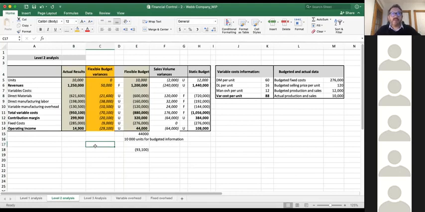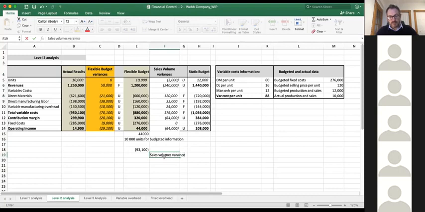This orange column is really important for us to analyze. This one, sales volume variance, we're going to just say a few words about it after the break. But we compare flexible budget with static budget. So sales volume variance compares to budgeted information, so we don't care very much.